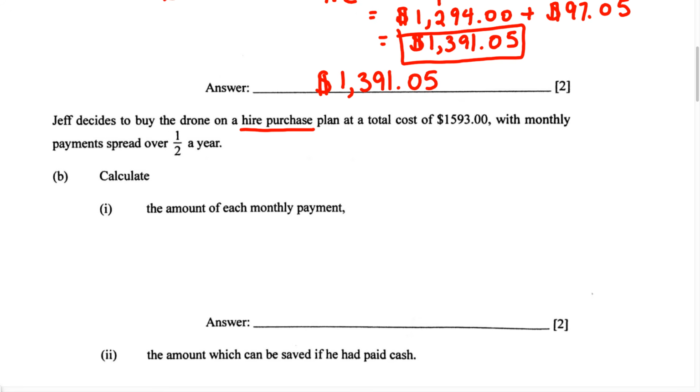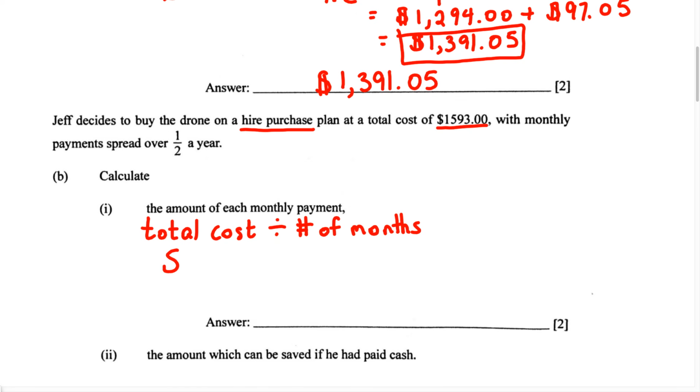Now to find the amount of each monthly payment, we're going to say total cost divided by the number of months. Now when we read our question again, Jeff decides to buy the drone on a hire purchase plan at a total cost of $1,593.00.